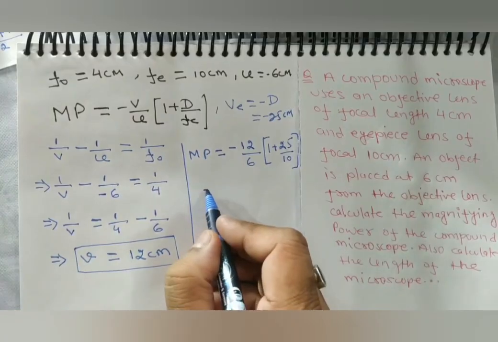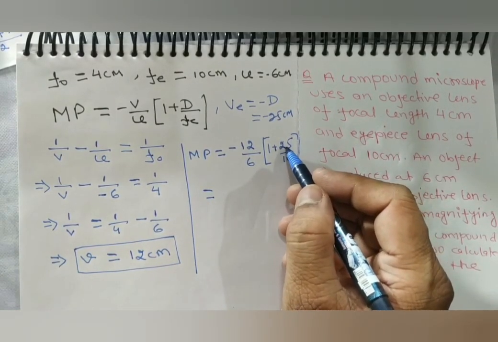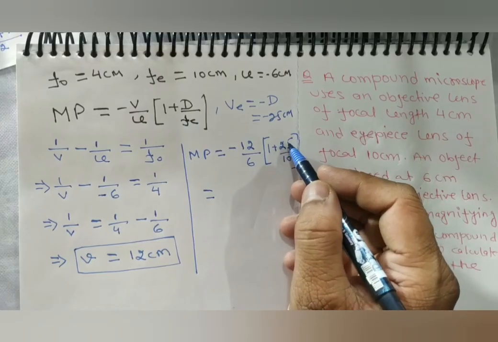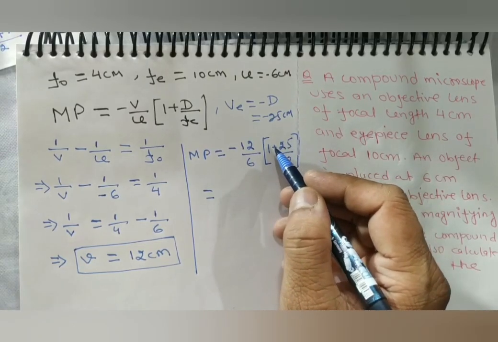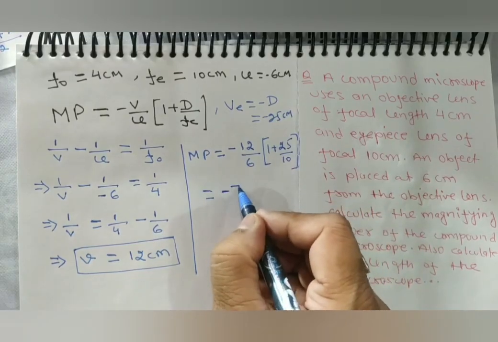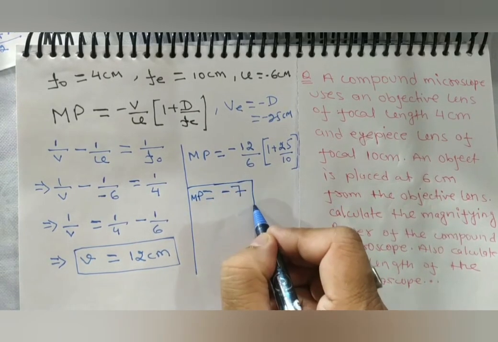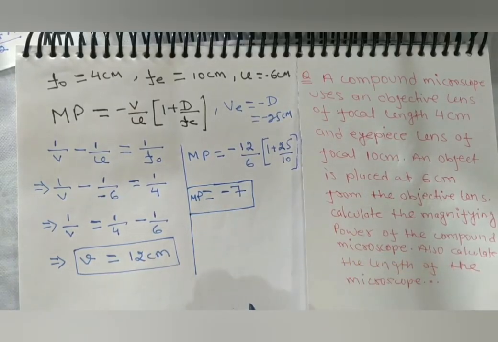So we will get this is 2.5 plus, 3.5 into 2, it will be minus 7. So the magnifying power of this question is minus 7.